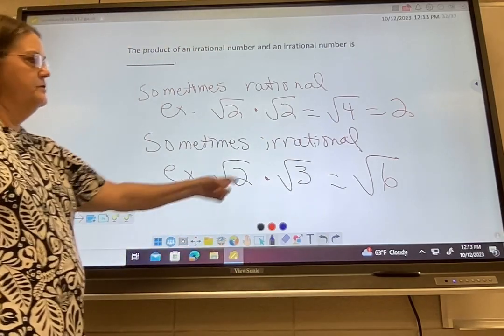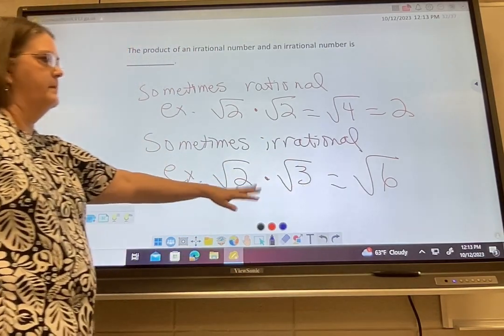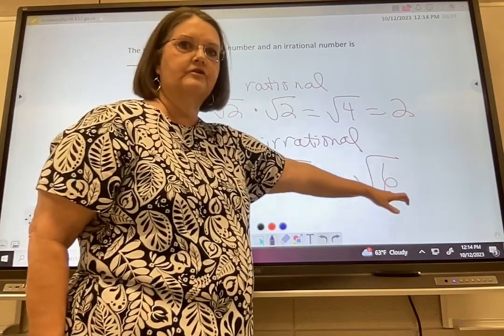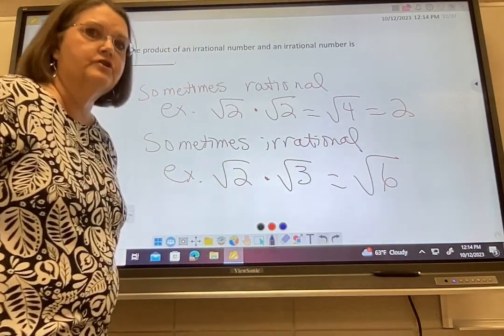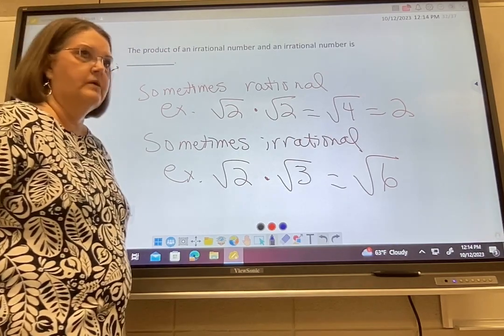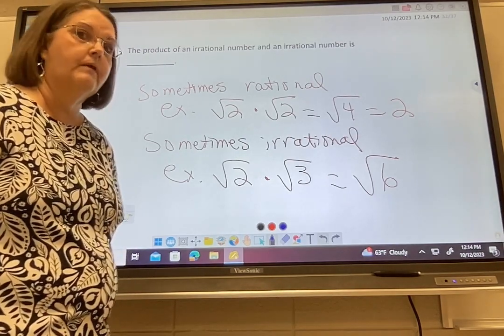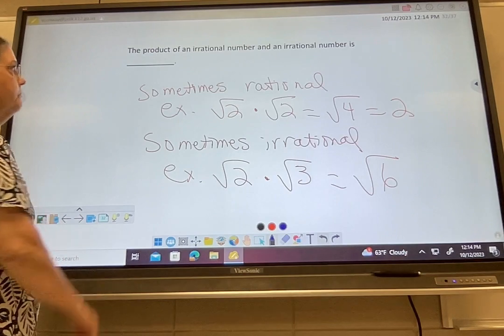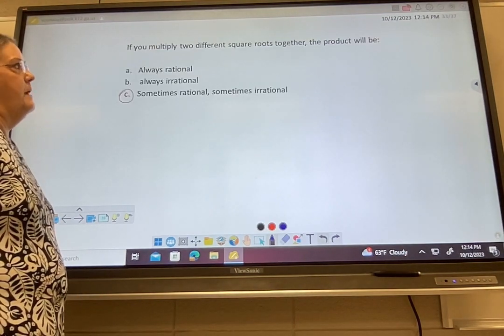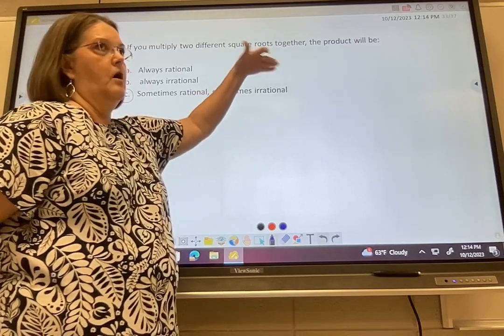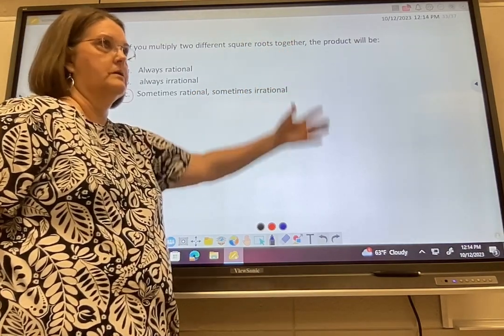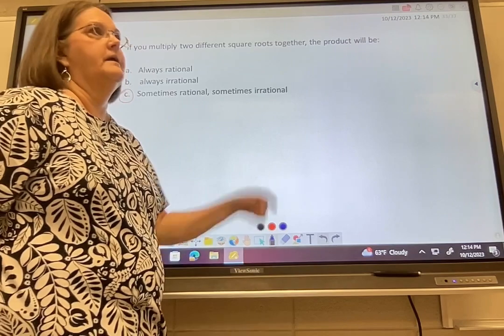The square root of 2 times the square root of 3 will be the square root of 6, and that is irrational. So sometimes when I multiply two irrational numbers, I get a rational answer, and sometimes I get an irrational answer. If I multiply two different square roots together, remember, square roots are irrational, most of the time, unless it's the square root of 4.